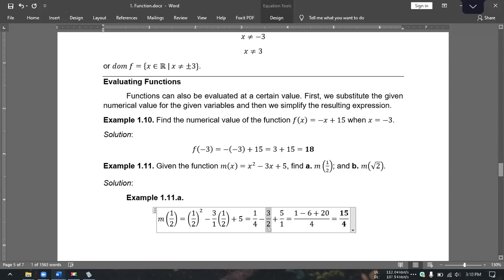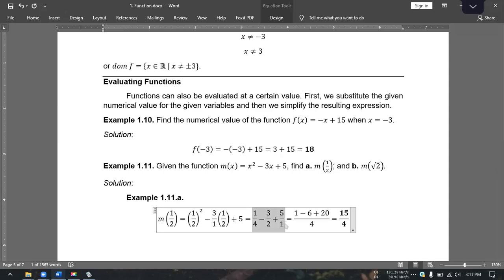So, copy lang natin yung operation, which is minus. And then, of course, we have 5. And again, 5 is a whole number. Meron siyang imaginary over 1. This is necessary para ma-identify natin yung LCD ng 1/4, 3/2, and 5 over 1.